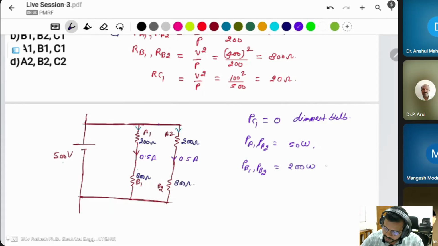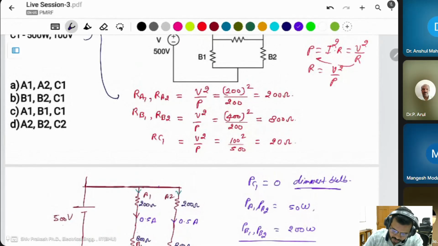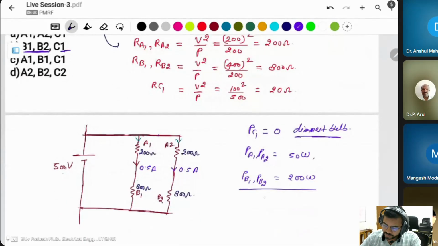The maximum power is in V and the minimum power is in C1. Then V1, V2 is brightest and C1 will be dimmest. Okay.